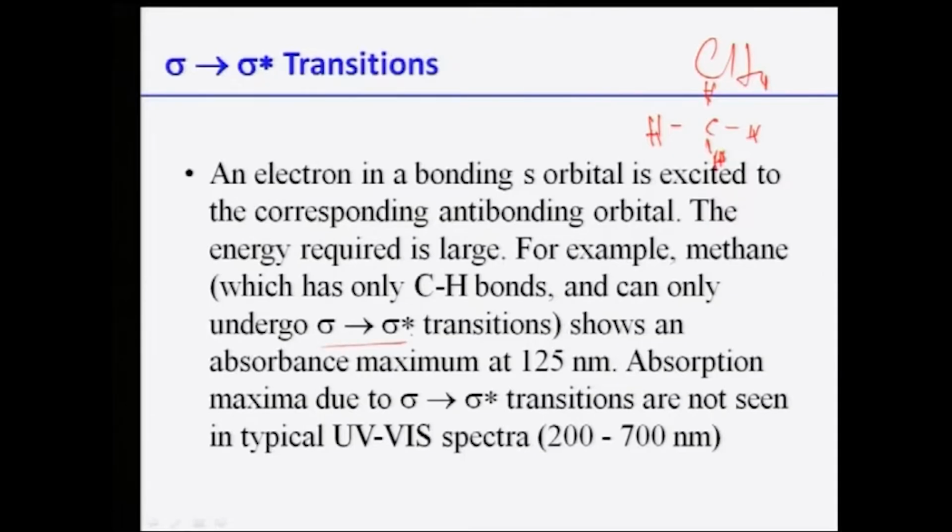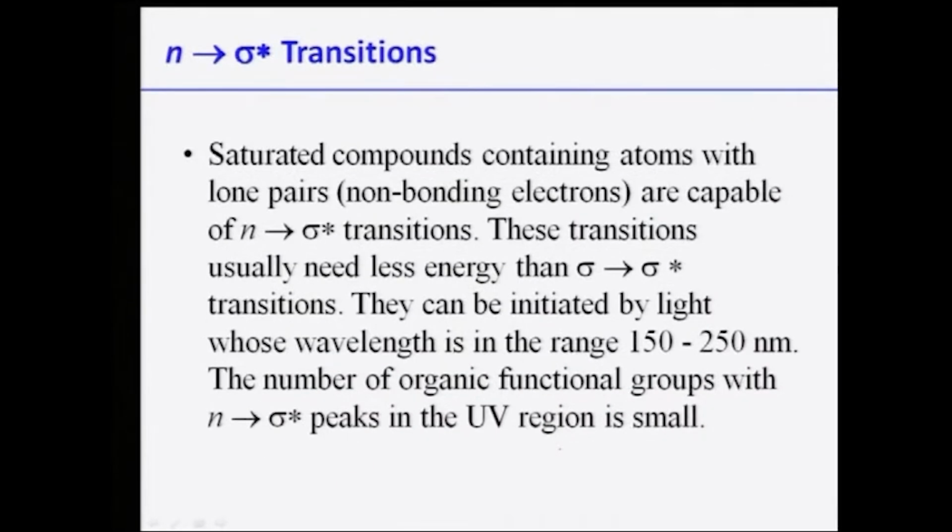That means an electron can be excited from the sigma bonding orbital to the anti-bonding orbital, and maximum absorption for this is at about 125 nanometers. So, these transitions are not seen, because 125 is far UV, not in the visible spectroscopy range. We have to use far UV or vacuum UV.